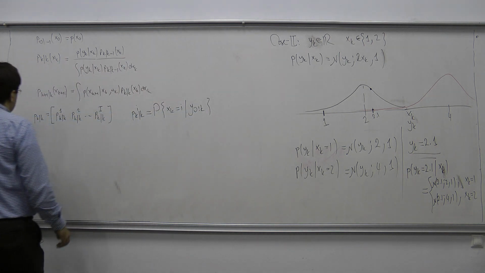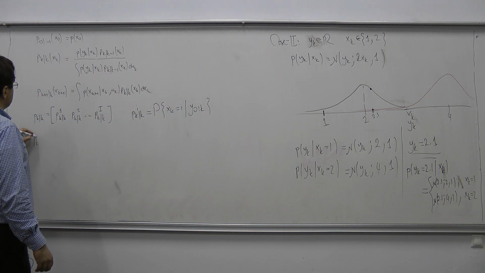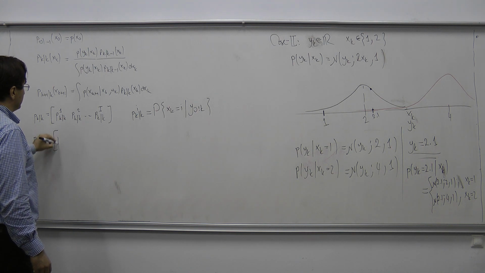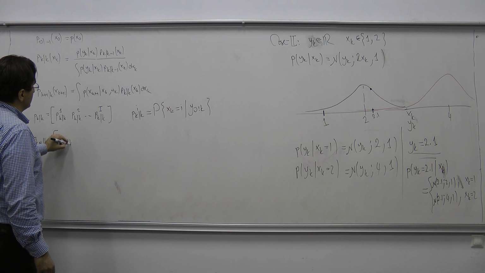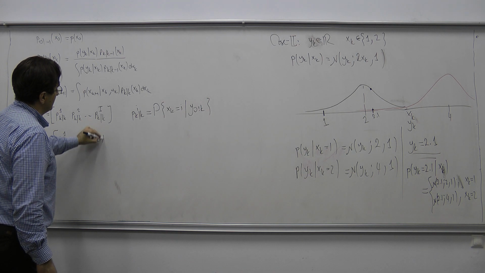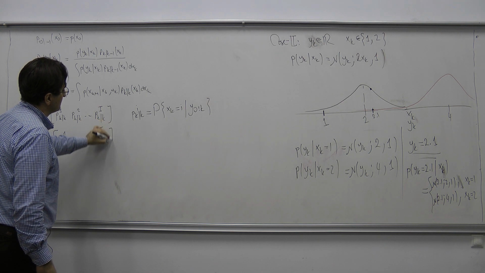And similarly, I can define the predicted distribution, p_{k+1|k}. This is again a horizontal vector, p_{k+1|k}^1 going until p_{k+1|k}^I.